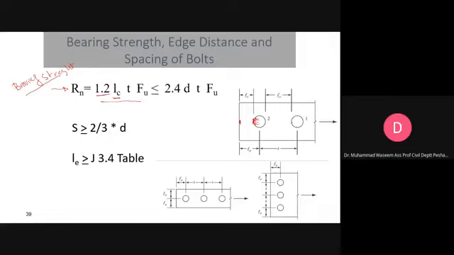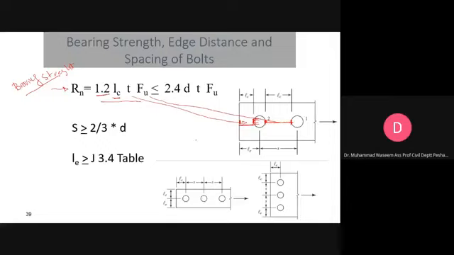At the same time, you have to evaluate the bearing strength in between the connectors as well. You will use this equation for this part, and this equation for this part. You have to check both the edge distance and the distance in between the connectors.